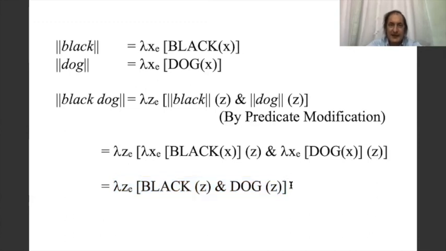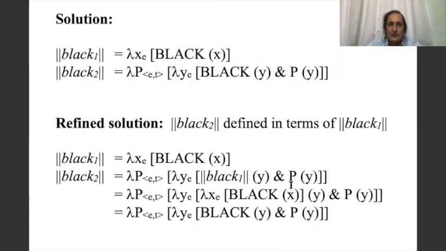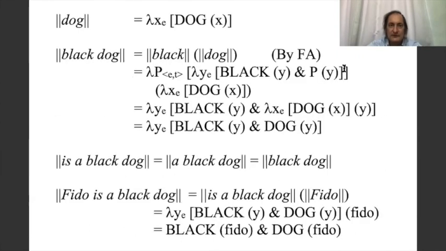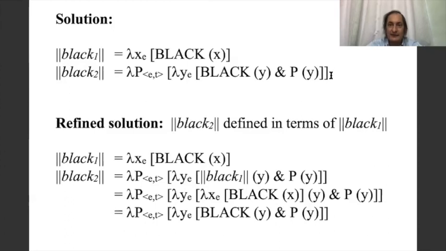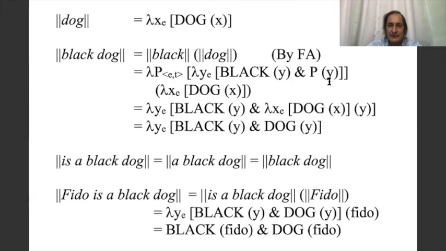Now let's just look back and see how that compared to what we had before. What we got the previous time, yes, I do have to go back up here, was this: lambda y, black of y, and dog of y.